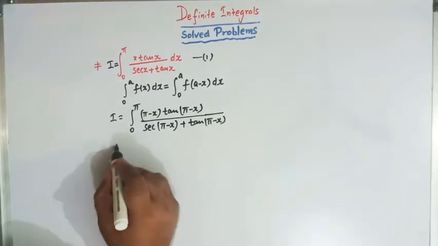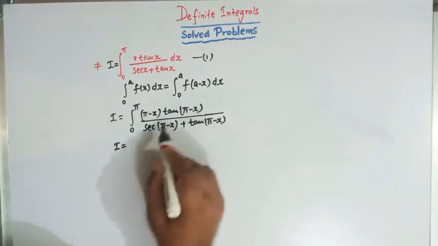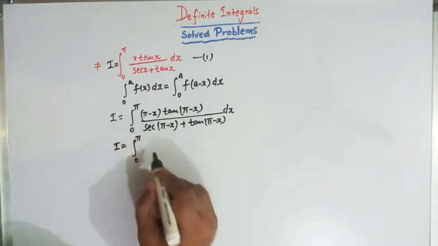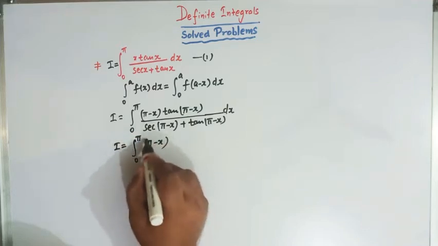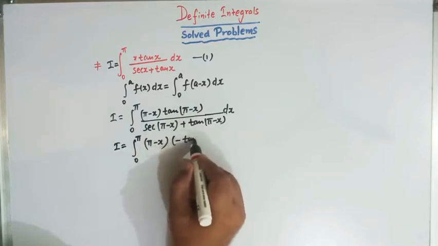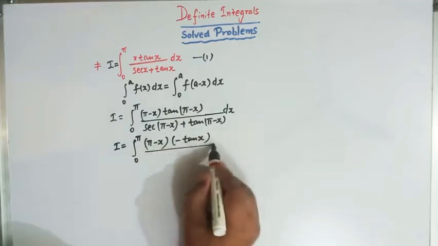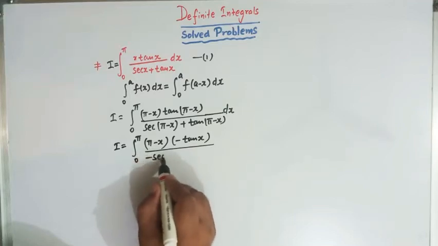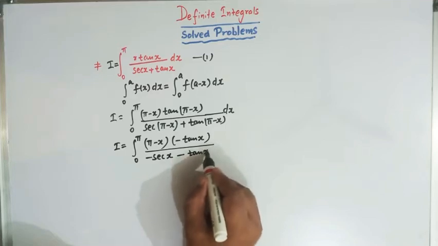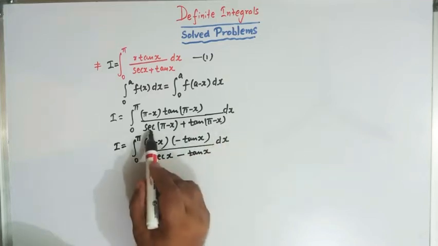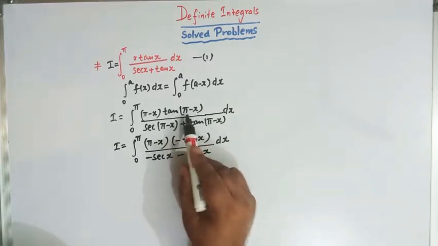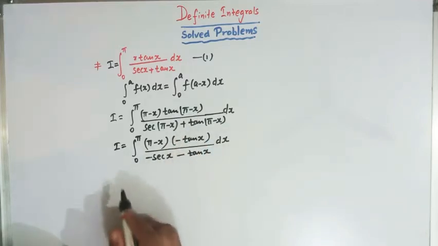Now simplifying it, we have the integral from 0 to pi. Here we have pi minus x, and tan of pi minus x is minus tan x, and then we have minus sec x and minus tan x. So sec of pi minus x is minus sec x, and tan of pi minus x is minus tan x.